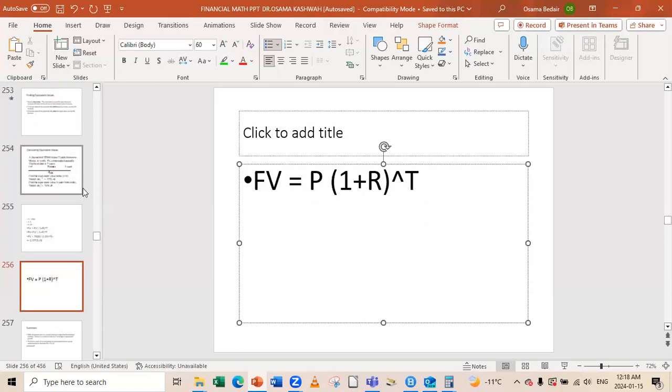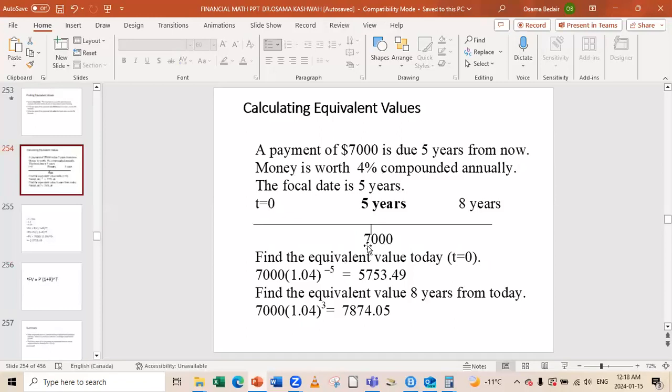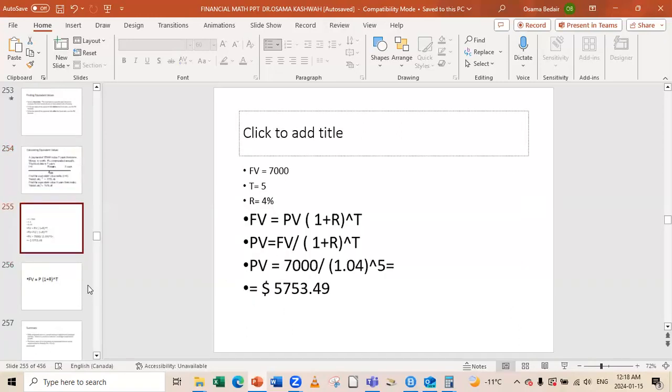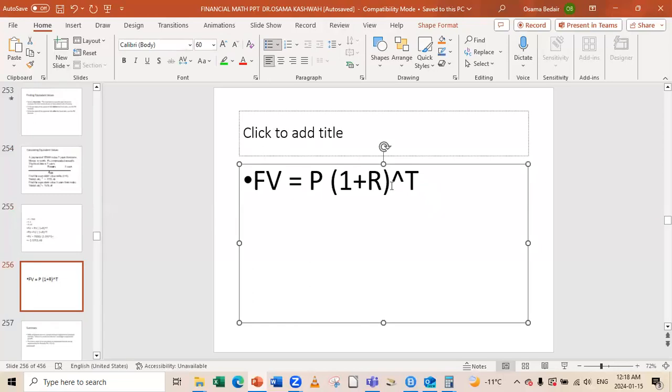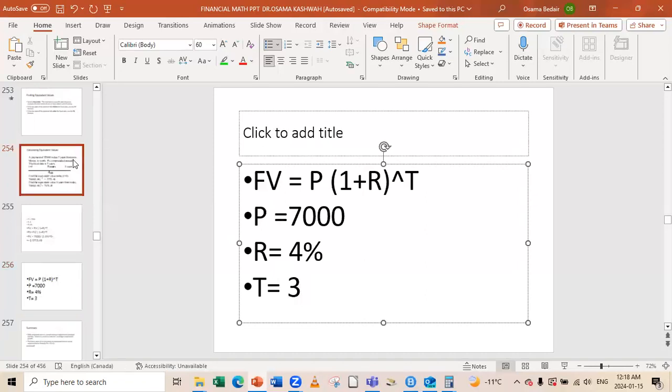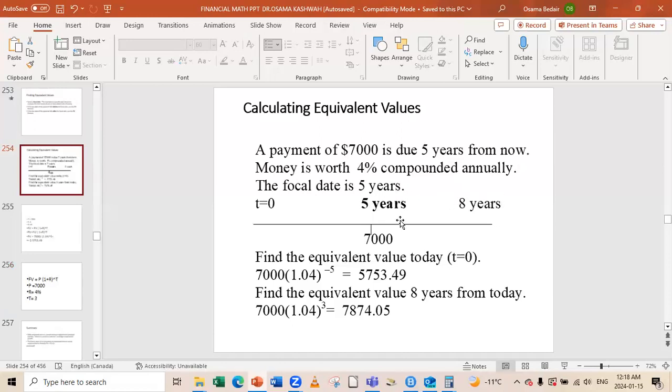The P, the present value, is 7,000, and the years are 3. The R is 4%, the same; the rate did not change. So P is 7,000, R, the rate of interest, is 4%, and T, the time, equals 3 years. Why? From year 5 till year 8 is 3 years.